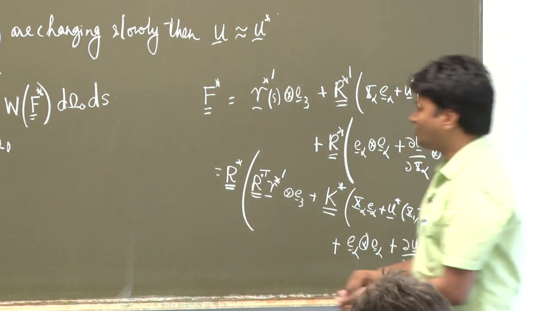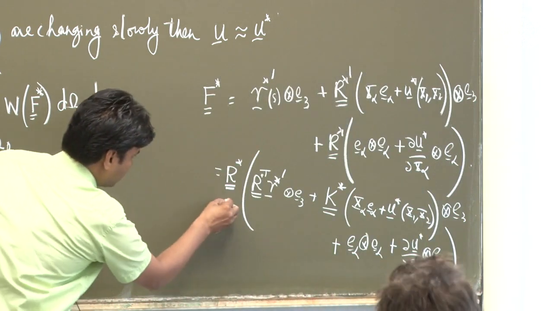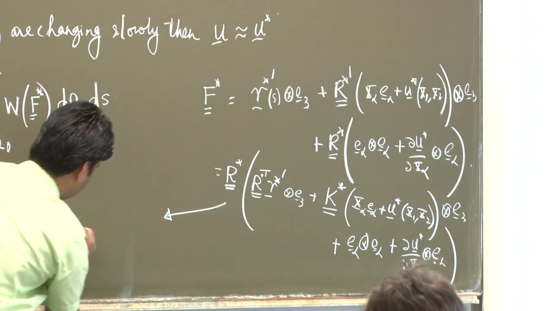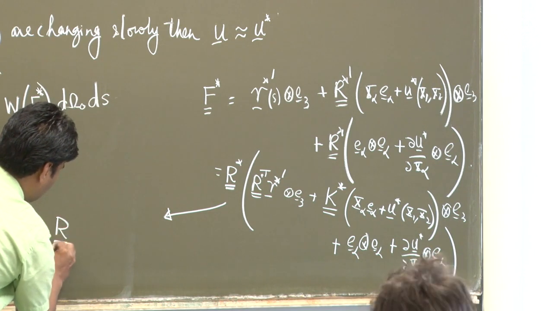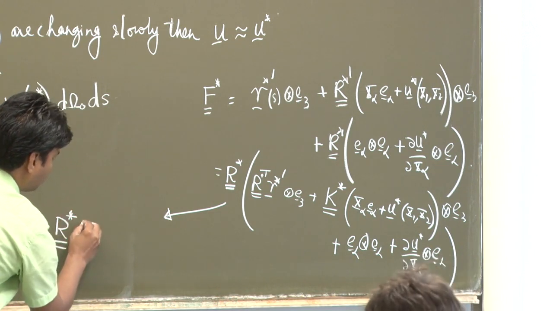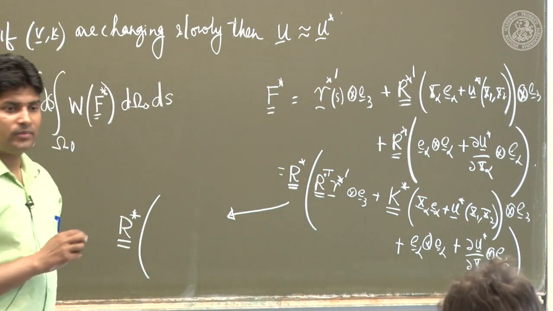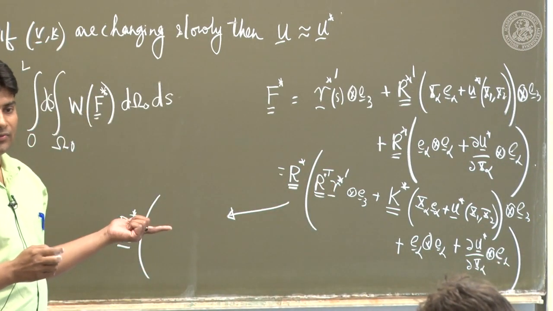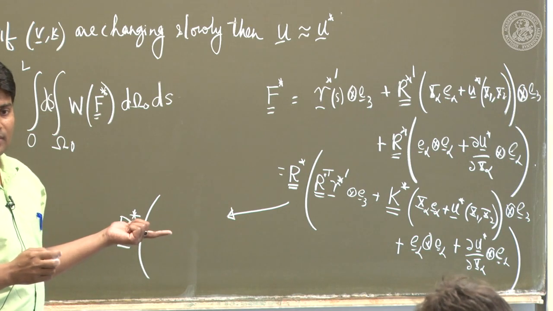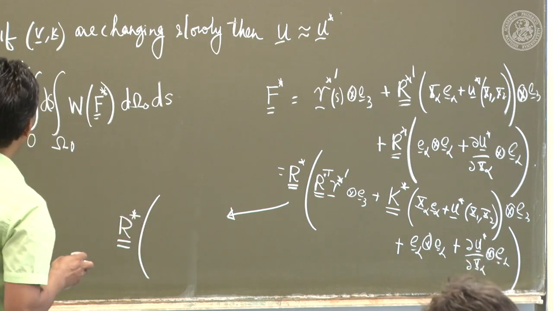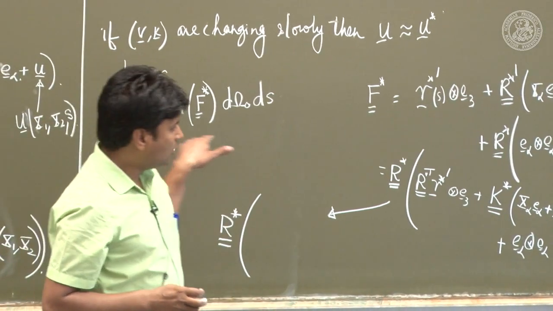And what's the advantage of this? You can now identify the terms. So it is big R star. What is R transpose R prime? That's your V, right? V is R transpose R prime. But V is constant in this particular case.